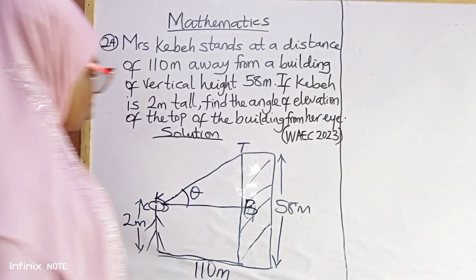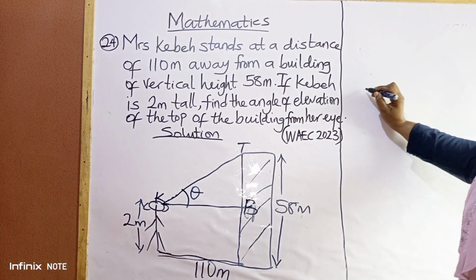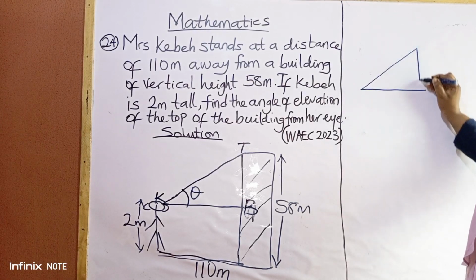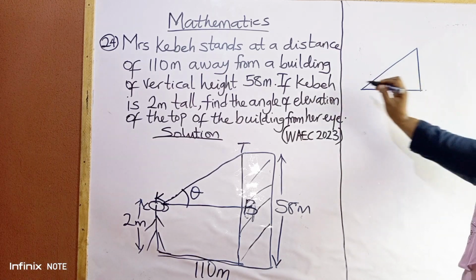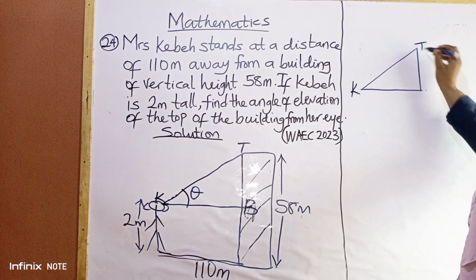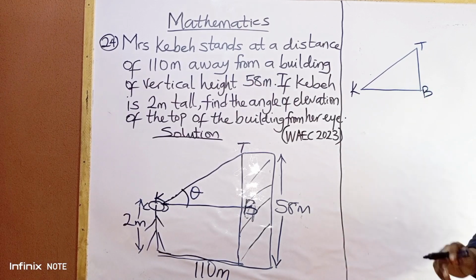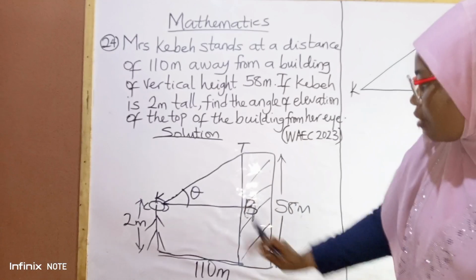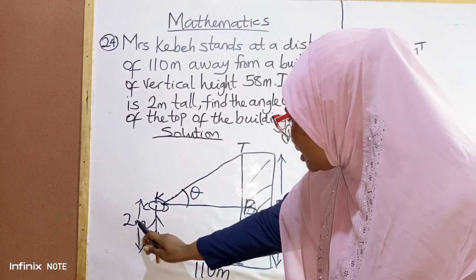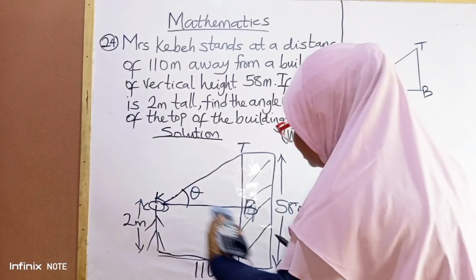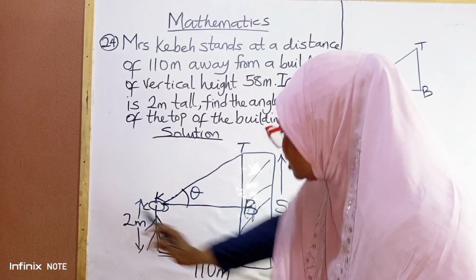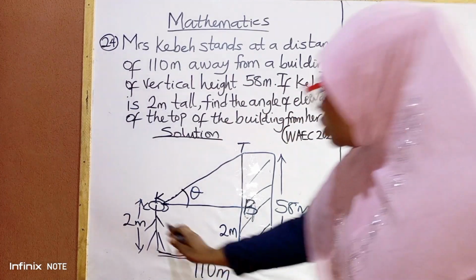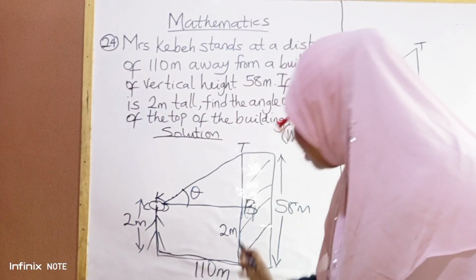So let's draw this triangle out. So we have triangle KTB. You can see that it is not the whole of the height of the building that we are using now, because the height of Kebe, we need to subtract it from here. So if this side is 2 meters, this side is also 2 meters.